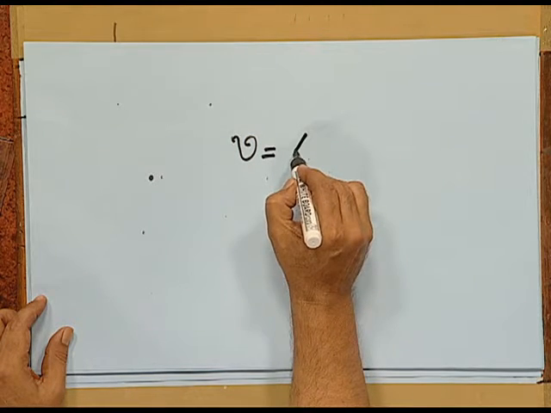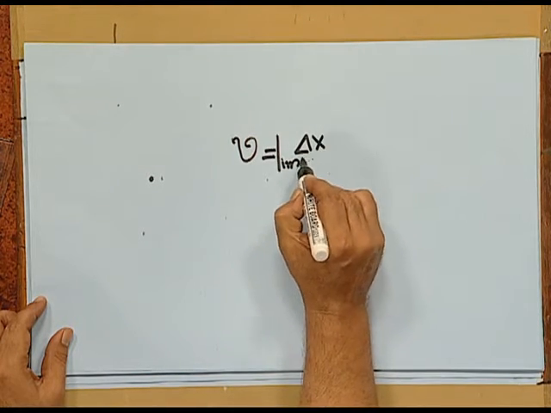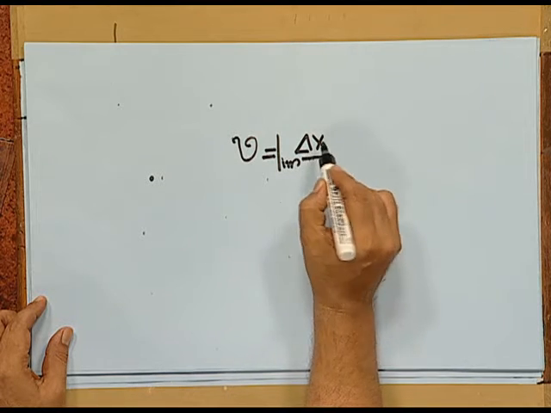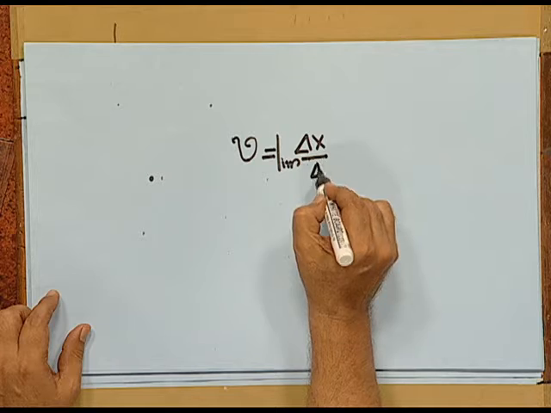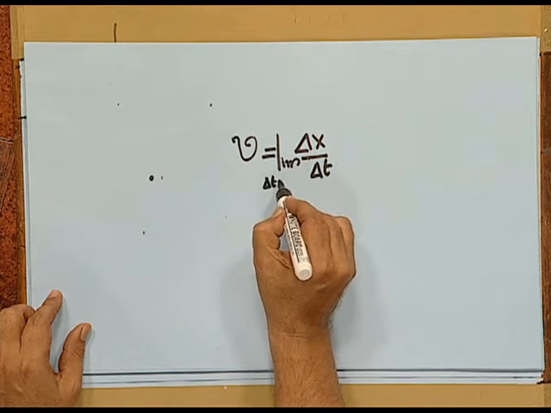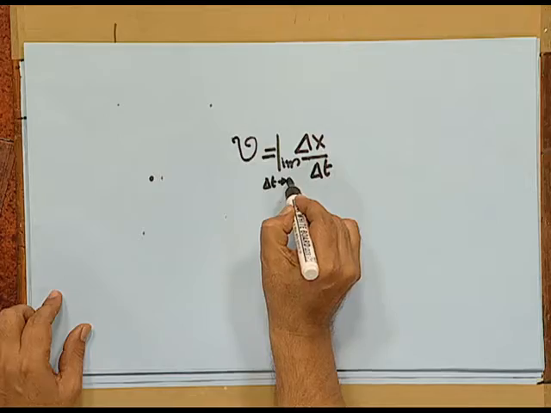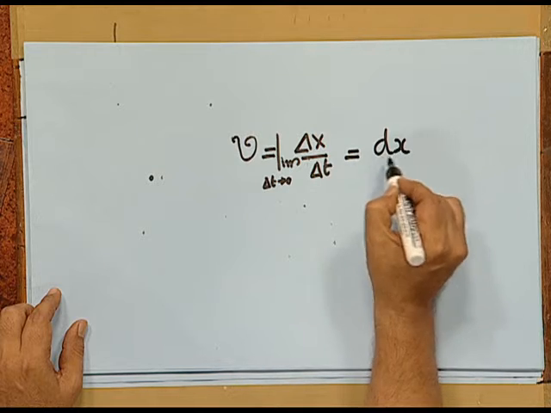When we say instantaneous velocity, we write it as V is limit of the change in position coordinate, which we have called delta x, which is nothing but displacement per unit time when the time interval is very, very small. So, we write V is equal to limit of delta x by delta t as delta t tends to 0. In the language of mathematics, this is indicated as dx by dt.